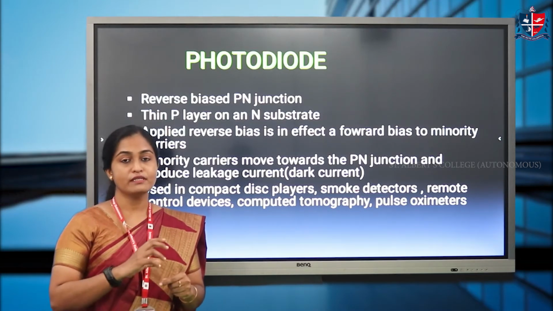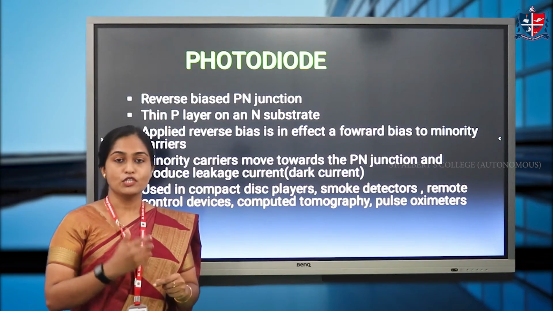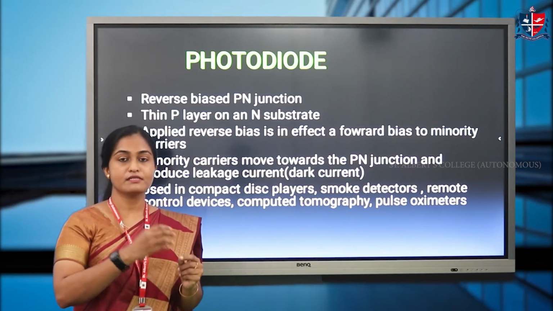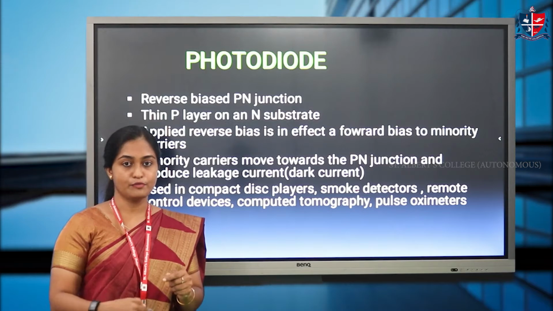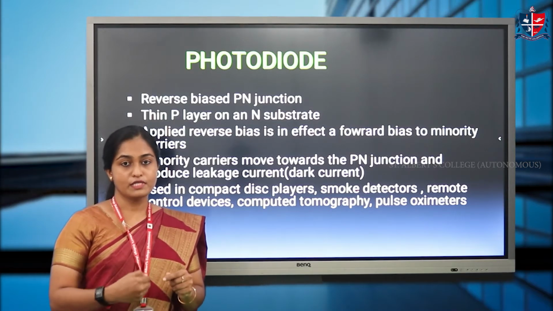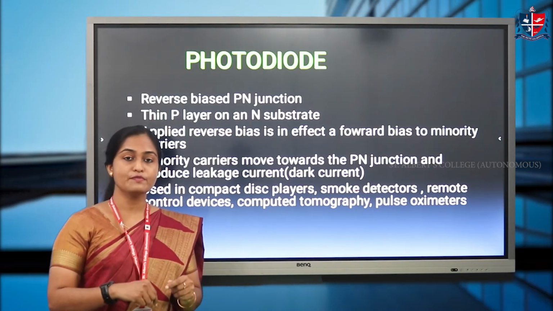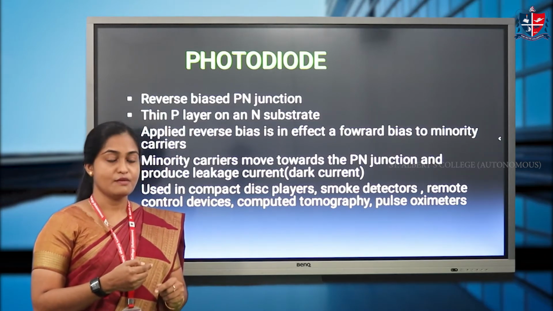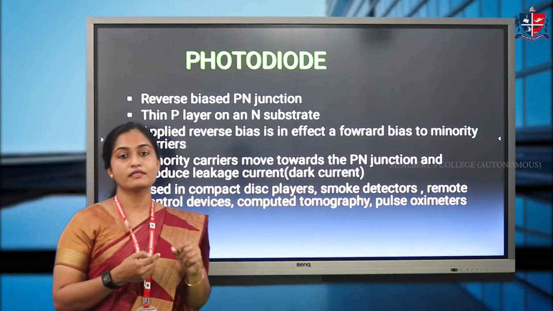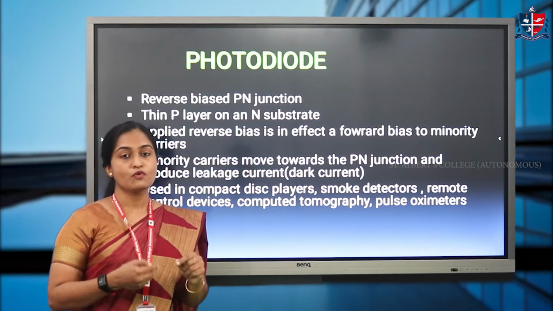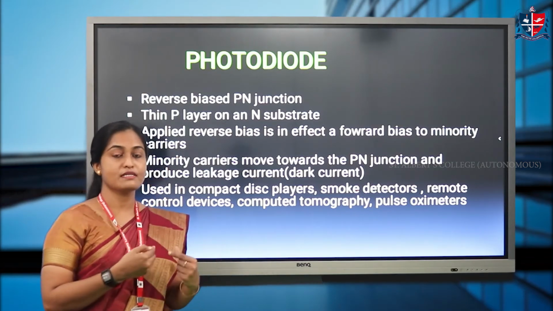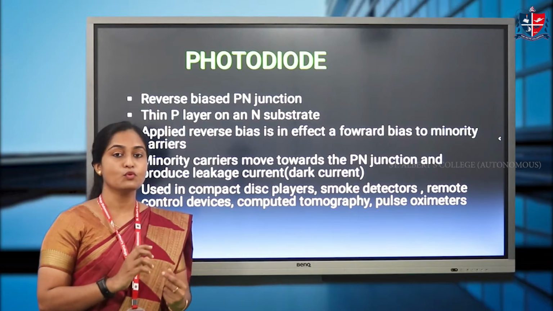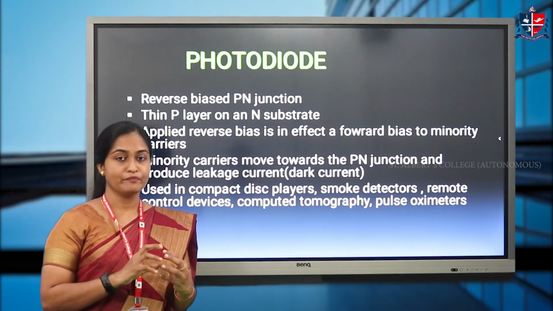In the P region, holes are the majority carriers, so that is given a negative polarity. So the given reverse bias is in effect a forward bias to the minority carriers, because in the P region, electrons are the minority carriers. So with the reverse bias, the minority carriers will move towards the PN junction.